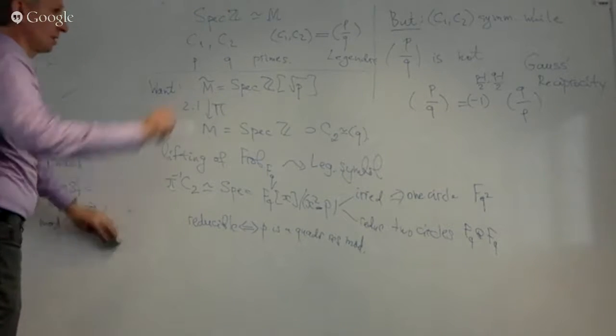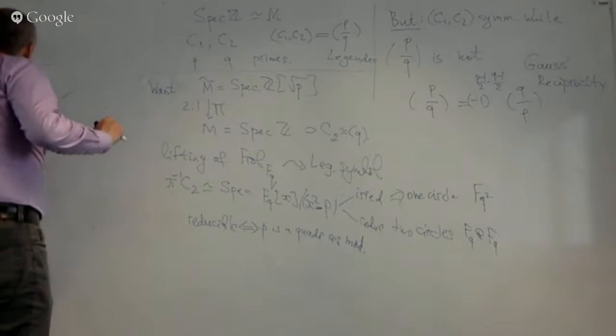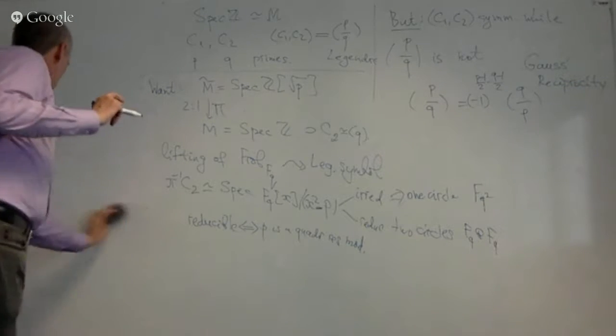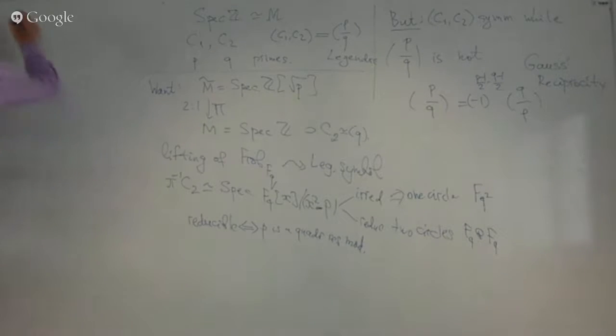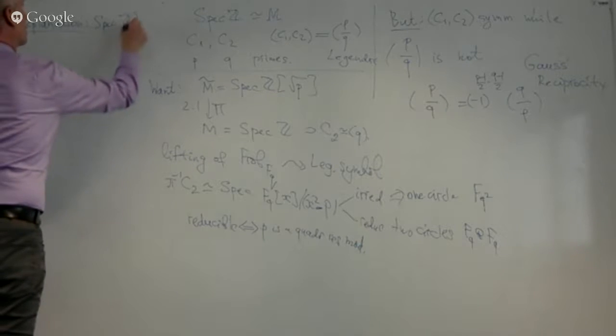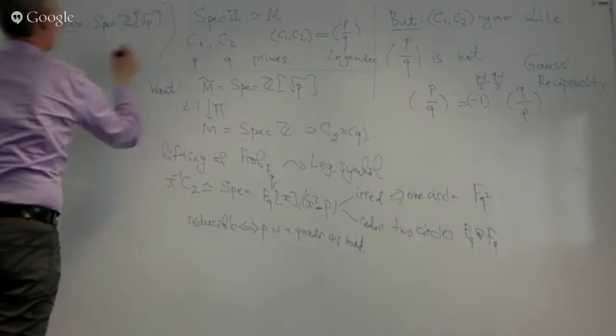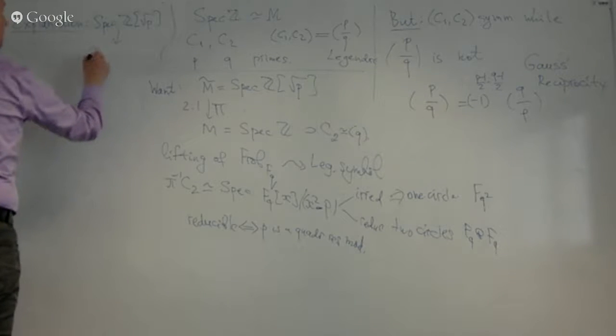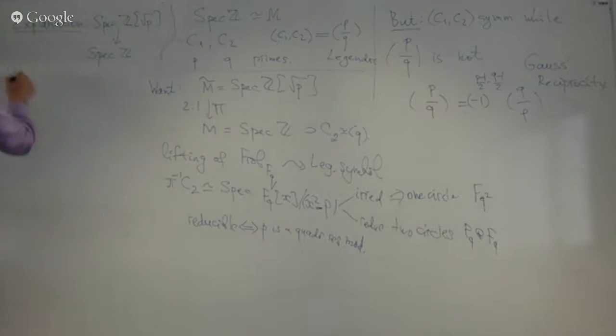The explanation is that if I take Spec Z of square root of P, considered as a covering of Spec Z, it is ramified at P always, but can also sometimes be ramified at the prime 2.